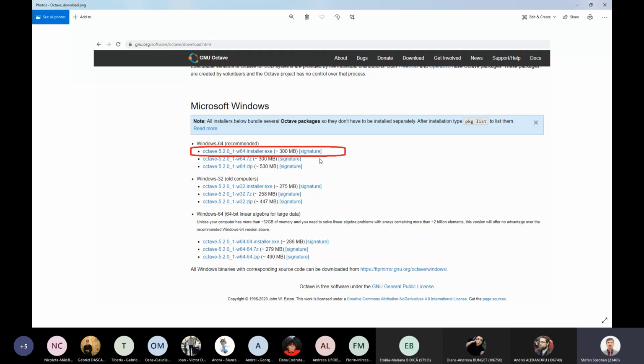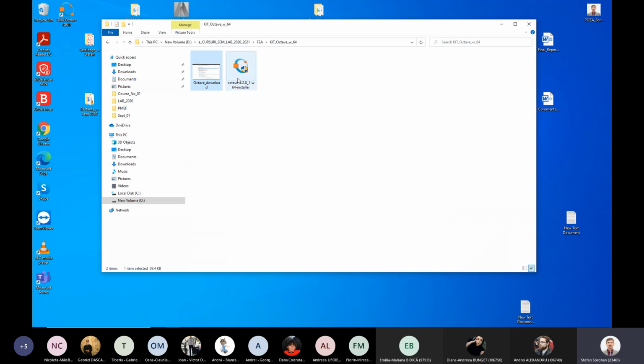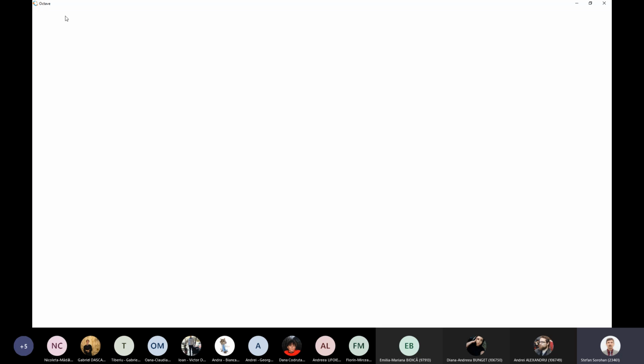Yeah, and after that, I suppose that you use Windows on 64 bits, so you take this one, which is recommended, and not necessary now. And you will obtain Octave here on desktop, for example, and you can run it.